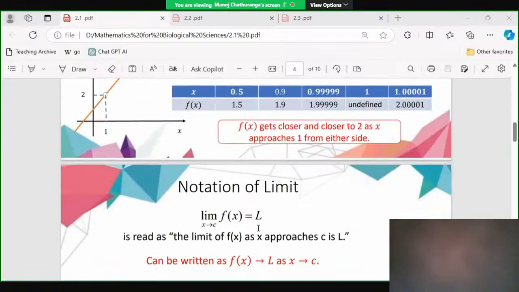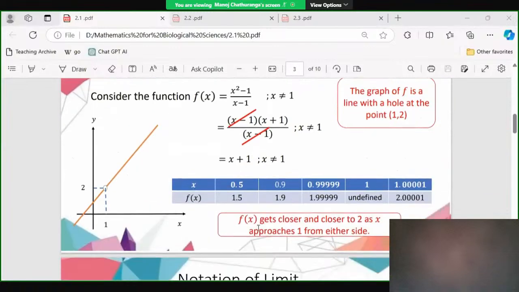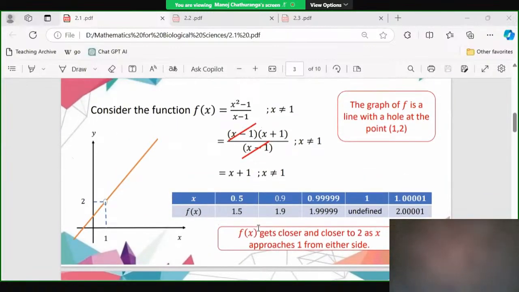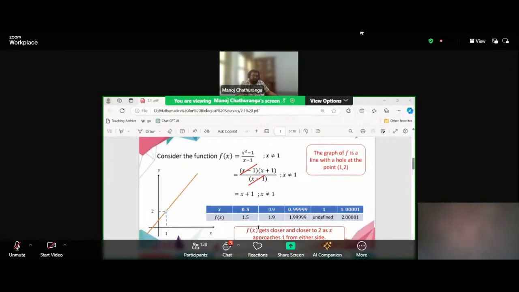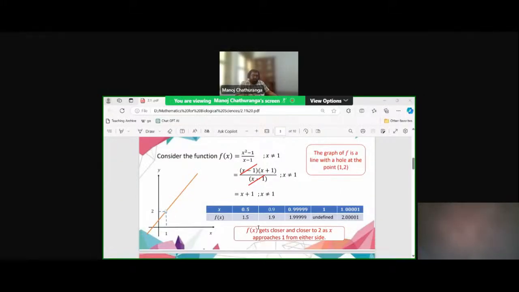So think about this function. f of x equals x squared minus 1 over x minus 1. x squared minus 1 divided by x minus 1. In the denominator, you have x minus 1. Therefore, the function is undefined at 1.